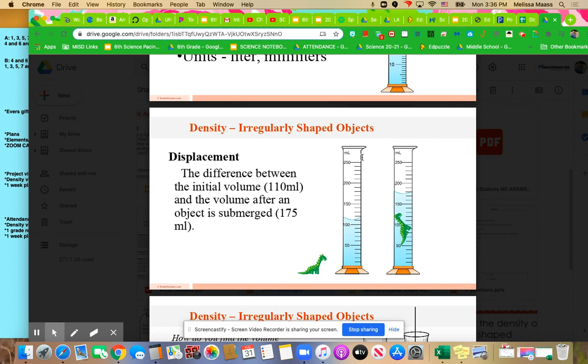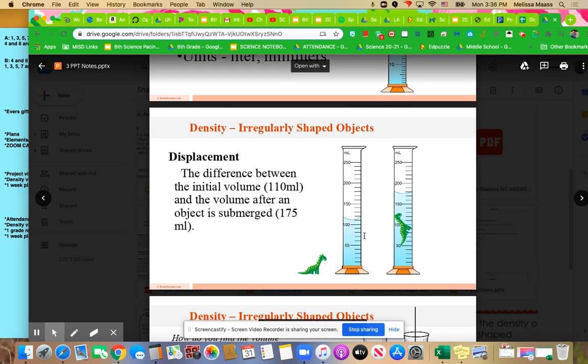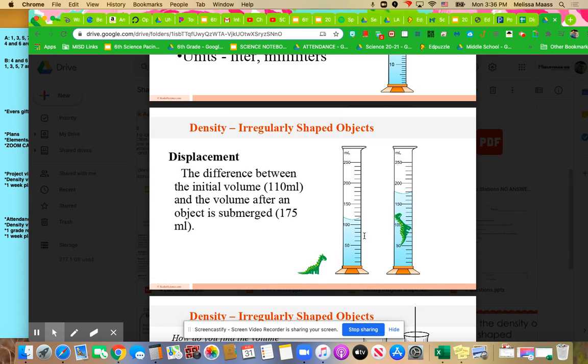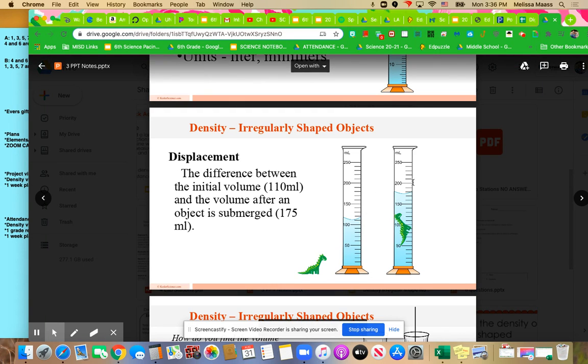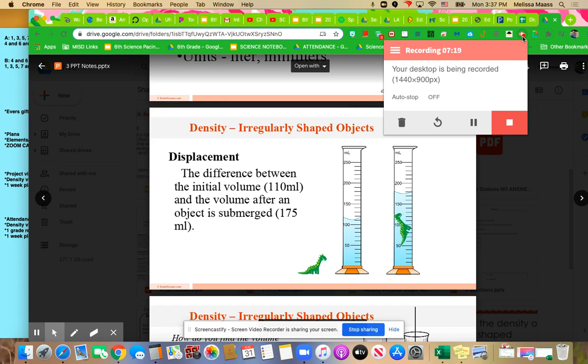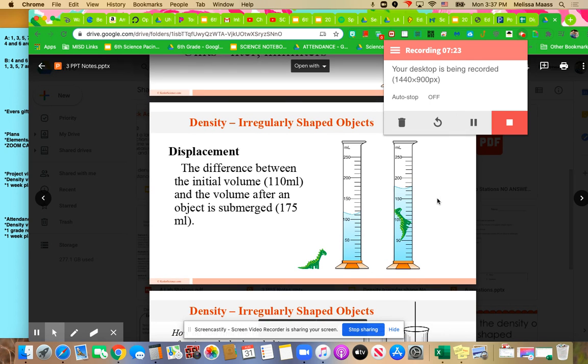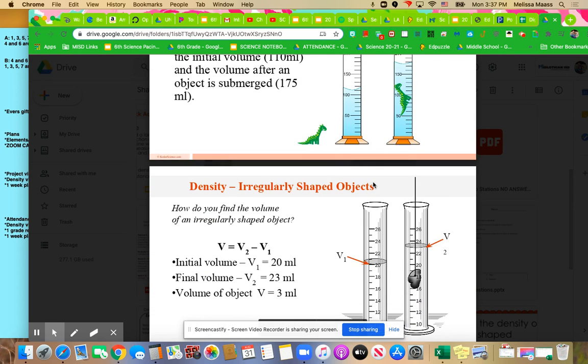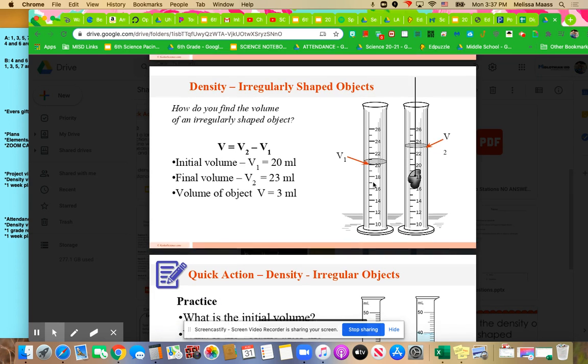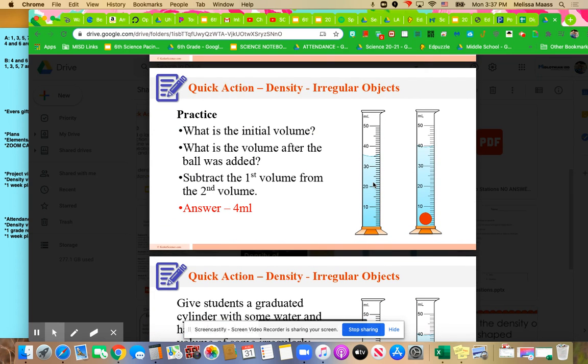Moving into the density of irregular shaped objects like this toy dino, remember, you're going to put that dino in the graduated cylinder, and then you're going to see the water level rise, and you're going to subtract those 2 different water levels to get the change in that water level. We're going to do an example in this video. We're going to just recap volume for irregular shaped objects. So I'll point out the slides that are really important.